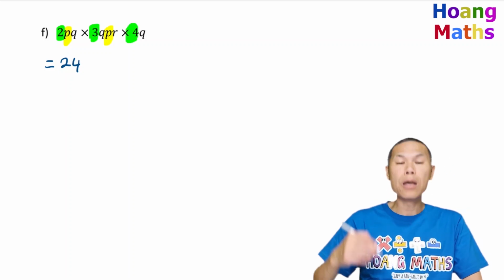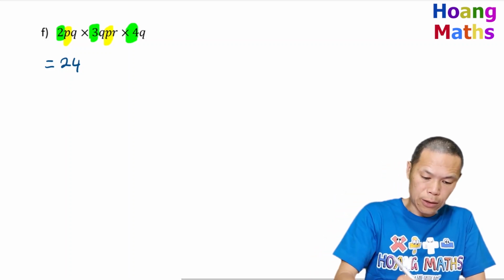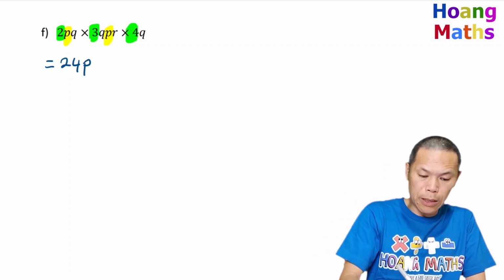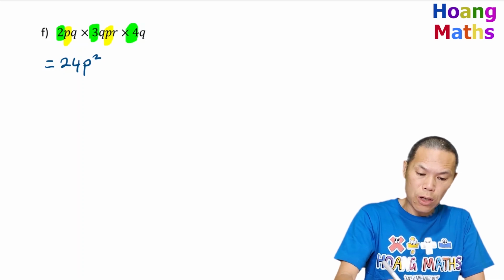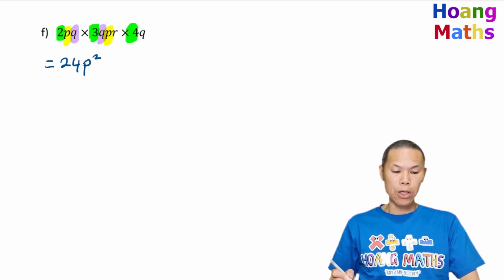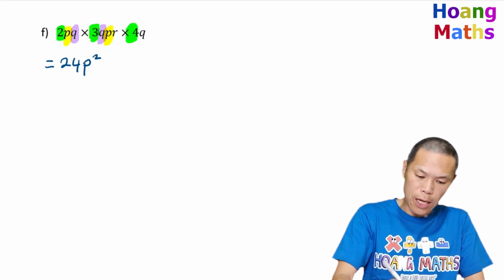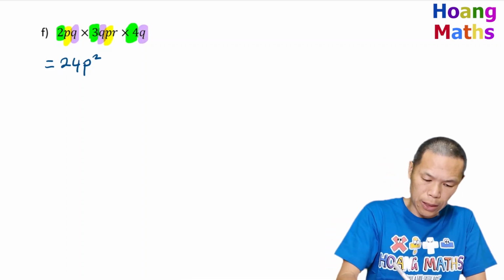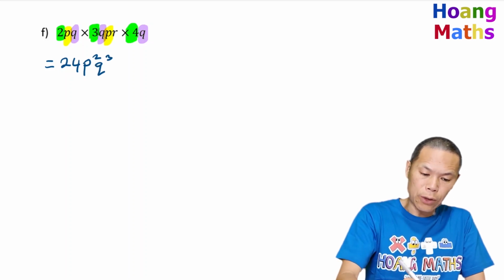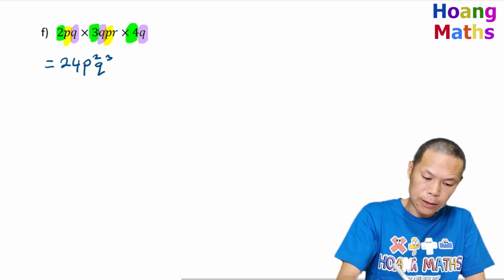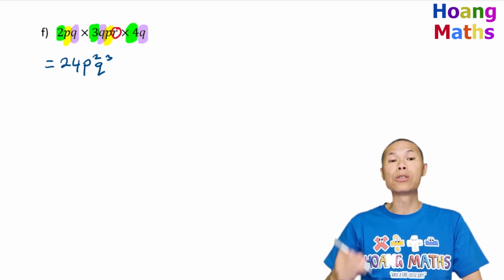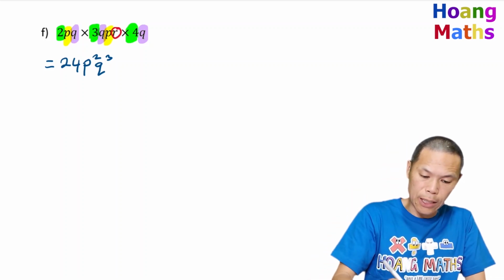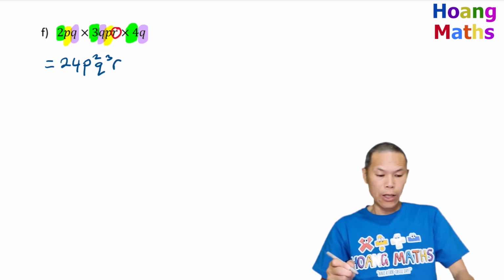So that becomes P squared. Now we have Q and we times with this Q. So that gives me Q squared and we times another Q. So that becomes Q to the power of 3. And for this R here, we just need to write it down. So that is R.